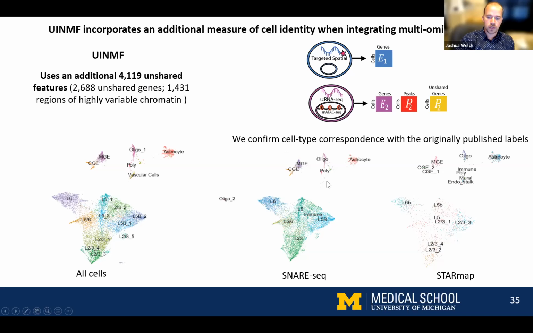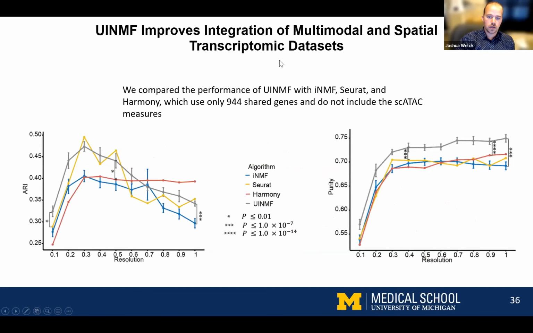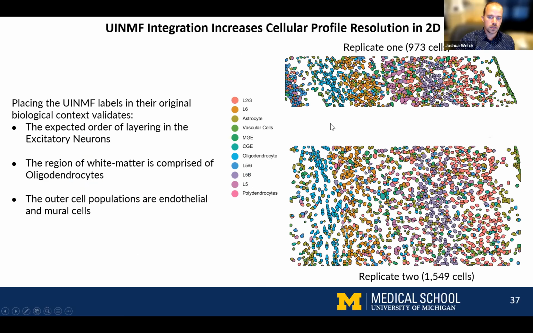And we were able to confirm a good cell type correspondence with the originally published labels. And we found a significant boost in terms of the purity and adjusted RAND index compared to the version of the analysis that uses only the shared features. If we look at the spatial context again of these STARmap cells, we can see that they show the expected spatial features of the tissue, including excitatory neuron layers, white matter, and endothelial and mural cells above and below the cortex.